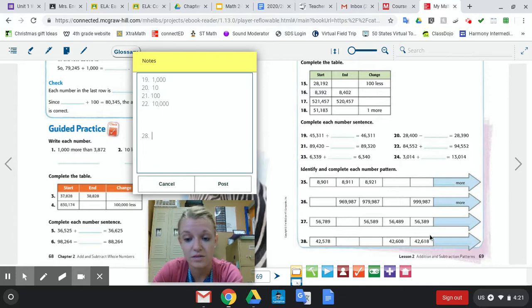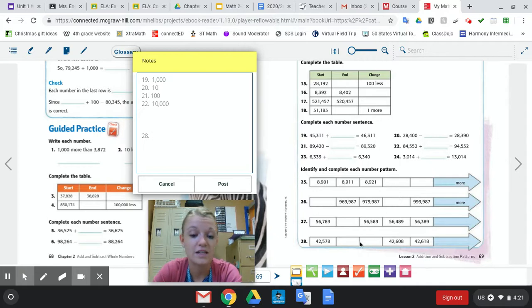So let's compare these two that are right next to each other. Let's skip towards the end here. 42,608 and then 42,618. I can notice that the 10 spot is the one that changed and it increased by 1. So that tells me that they're adding 10 each time, going this direction.